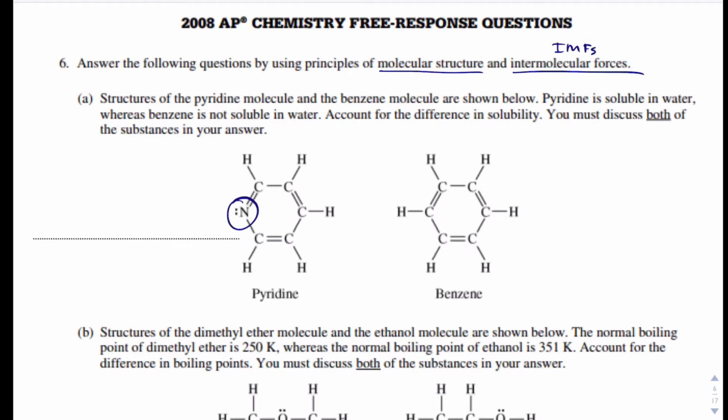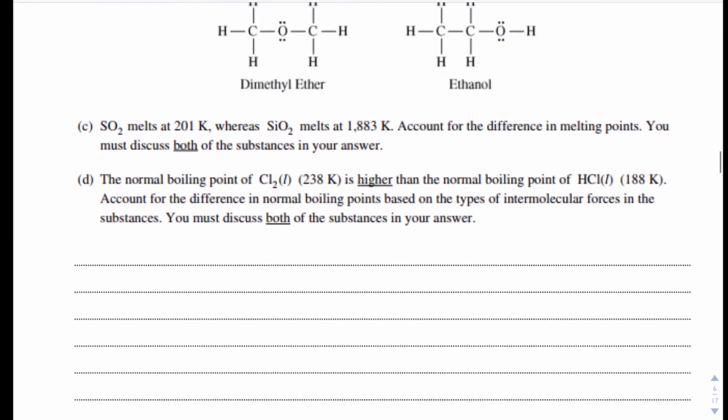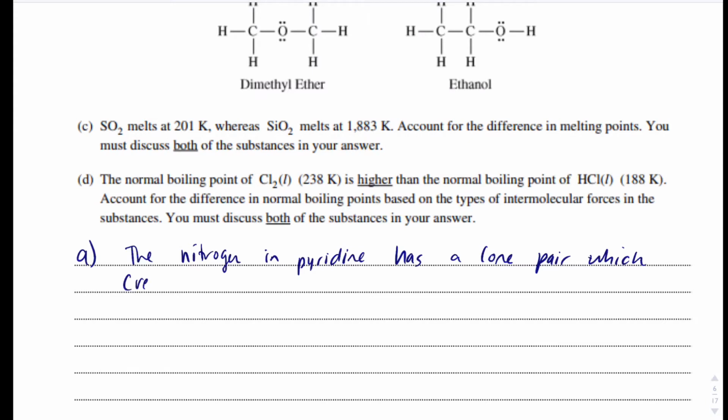So what I would say is that we have a couple reasons. The nitrogen in pyridine has a lone pair, which creates a dipole moment that is not canceled.